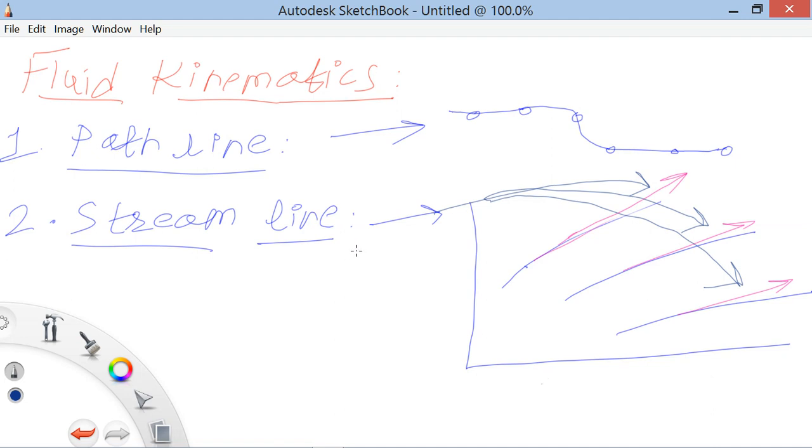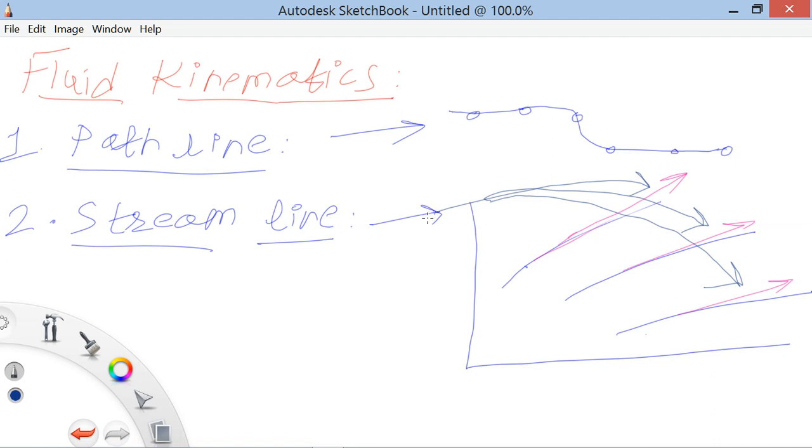Now these are obtained by drawing a series of curves, such like these three curves we have drawn through a flowing fluid, such that the velocity vector at any point is tangential to the curve. So the velocity vector you can see here is always tangential to this curve. So these lines are nothing but the streamlines.